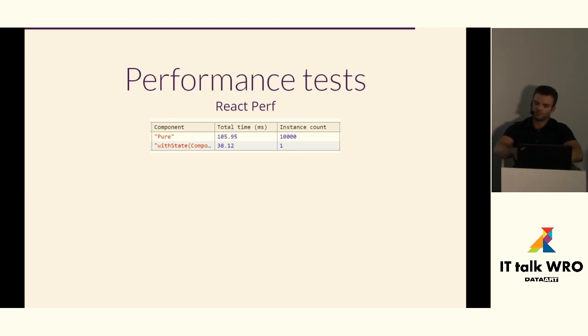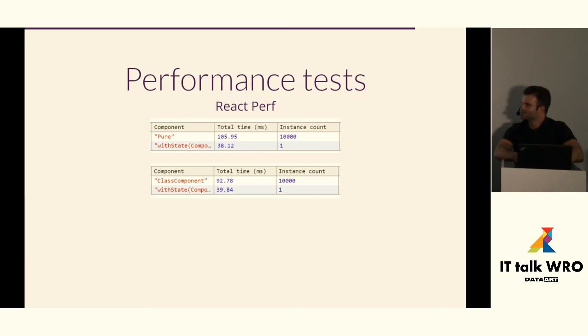First is the pure component without anything, and to render that component 10,000 times, it took me almost 106 milliseconds. How much time will it be for a class component? Anybody? Almost 93.